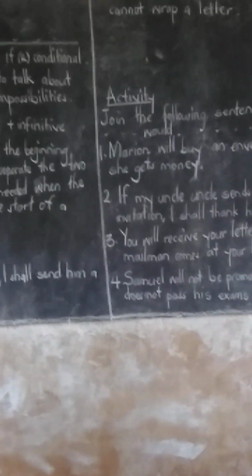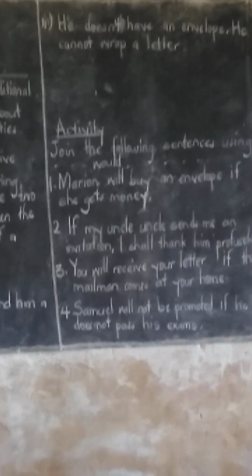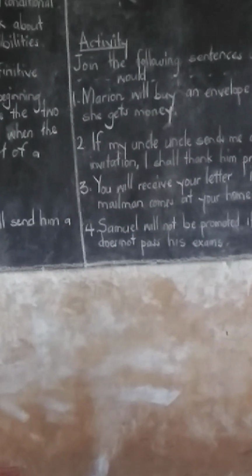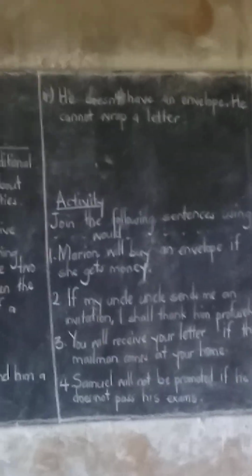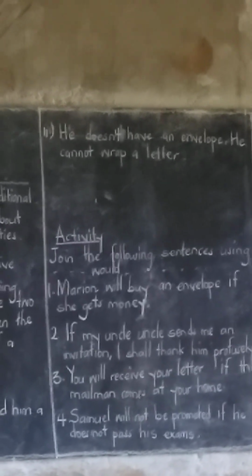Are we clear? Yes. And the word to substitute the other one, can, is also still who? Would. Therefore the sentence becomes, if he had an envelope, he would wrap a letter.